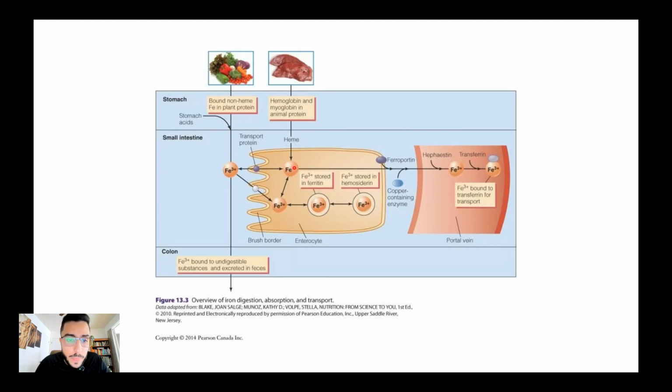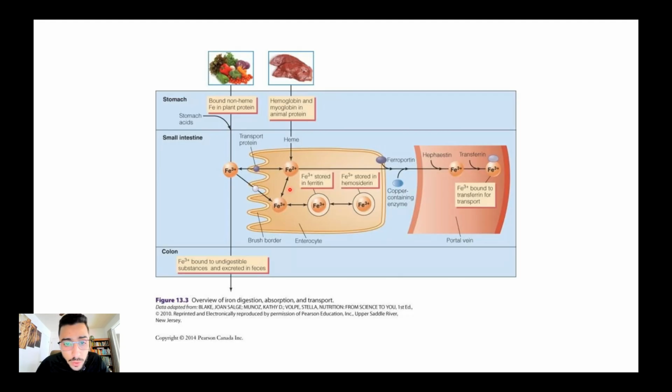So this is in part why it's more absorbable. It's because it does not require additional steps of reduction, for example. Okay. On top of that, there are enzymes that break down the heme that release this form here. Okay, this form is found in the heme.